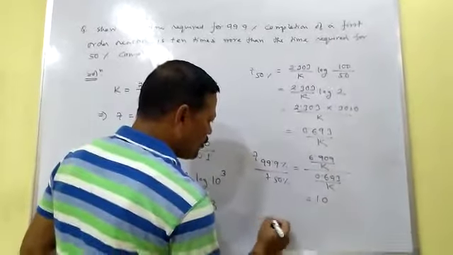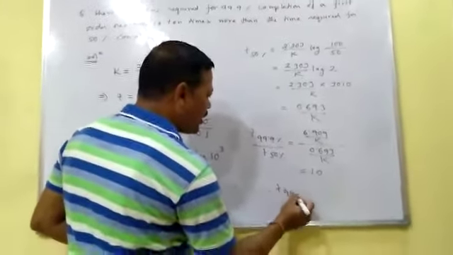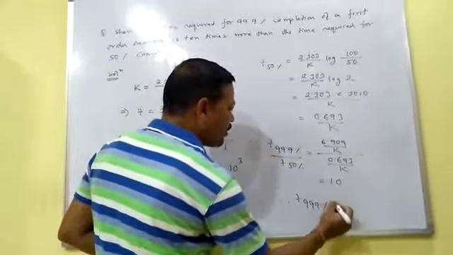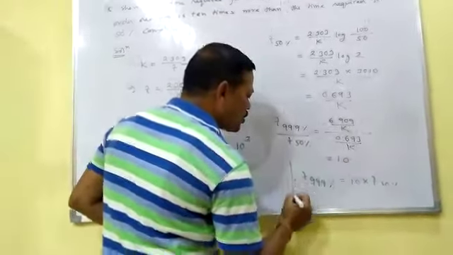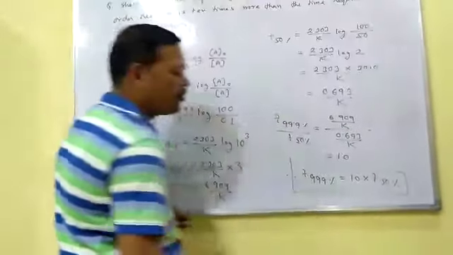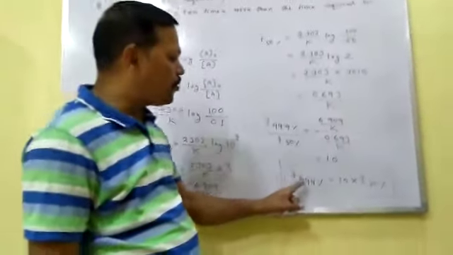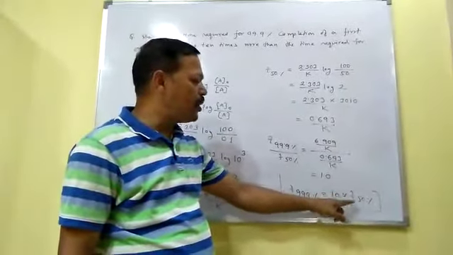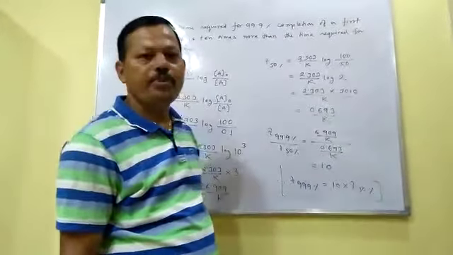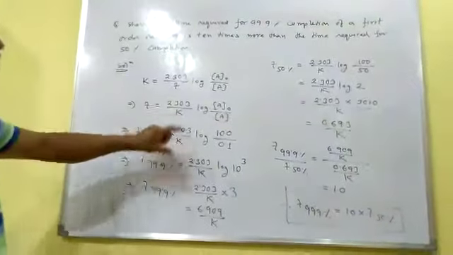Therefore time for 99.9% is equal to 10 into time for 50%. So this is proved. I mean the time required for 99.9% is 10 times more than the time required for 50% completion. So you just have to prove it.